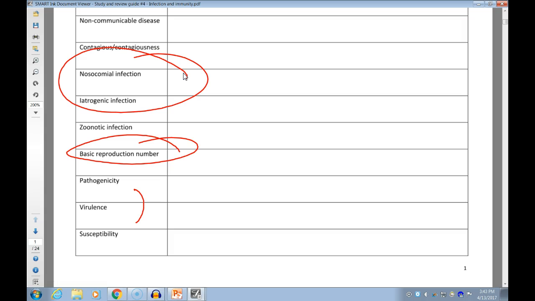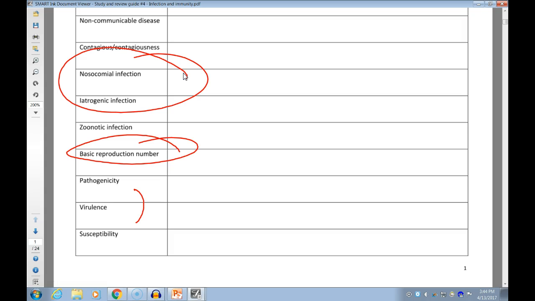Pathogenicity is the ability to cause disease. Virulence is how bad the disease is. Now, is the basic reproduction number a solid number, like a height or a weight? No, it's a modal number, and we discussed that it depends on many factors. But if we compare something that has a basic reproduction number of 20 and one of 2, the first one is more contagious.